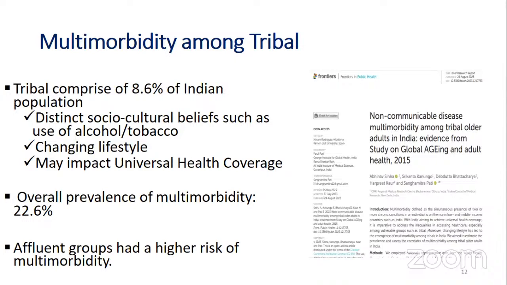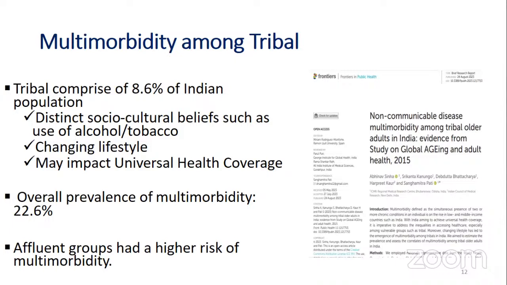They have distinct socio-cultural beliefs with overuse of alcohol, tobacco, etc. And recently we have observed that there is a changing lifestyle among tribal people also. And moreover, similar to the urban poor, these people are also a vulnerable group, and if they are not covered, or if they are not treated properly, then our universal health coverage will be impacted. The overall prevalence of multimorbidity among tribals was observed to be around 22.6%, which is roughly 23%.